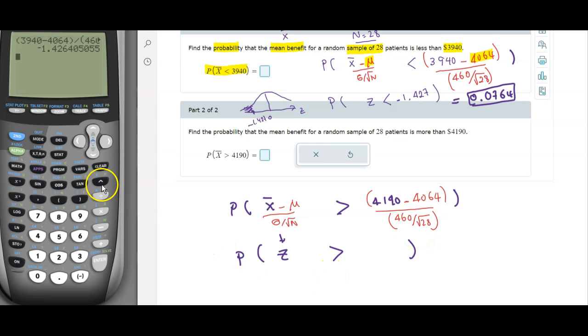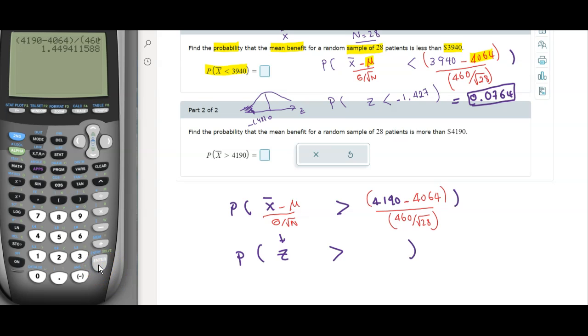So let's do it again. Here you open parentheses 4190 minus 4064, close the parentheses, divide by, open parentheses, 460, and that is divided by square root, second x squared, that's square root, and 28 in there. You exit the square root with the arrow, then close the parentheses and enter.